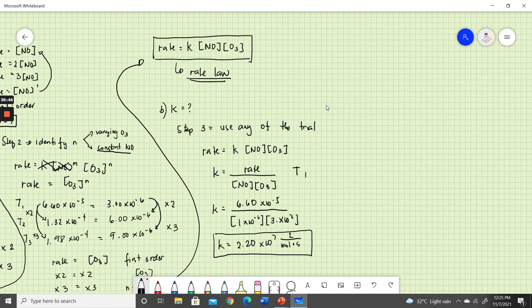So these are your units for K. One thing though about units: units depend on your overall rate order. So in this case the units change to suit your needs. Later I will show you how you identify the units for your K. But for the purposes of this problem, K is equal to 2.20 times 10 raised to 7 liters per mole second.